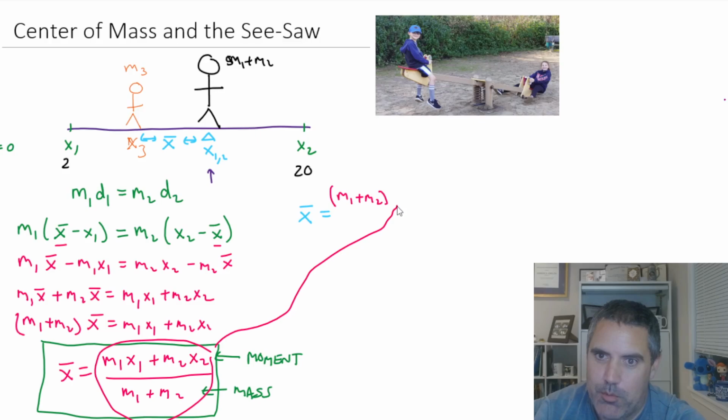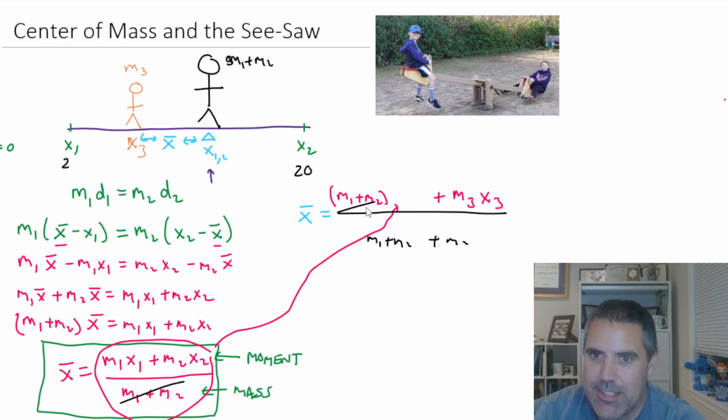A cool thing happens when you insert that. Plus m3 x3, and then you divide all that by m1 plus m2 plus m3. When you plug this in, you'll see that those two things cancel, and you get the exact same formula with 3.